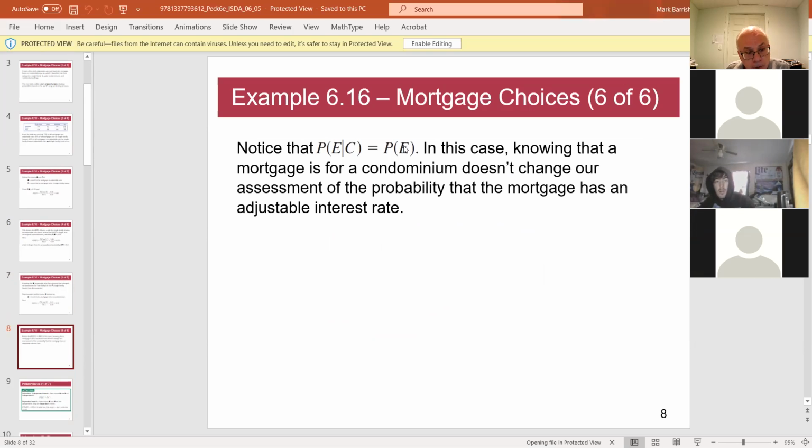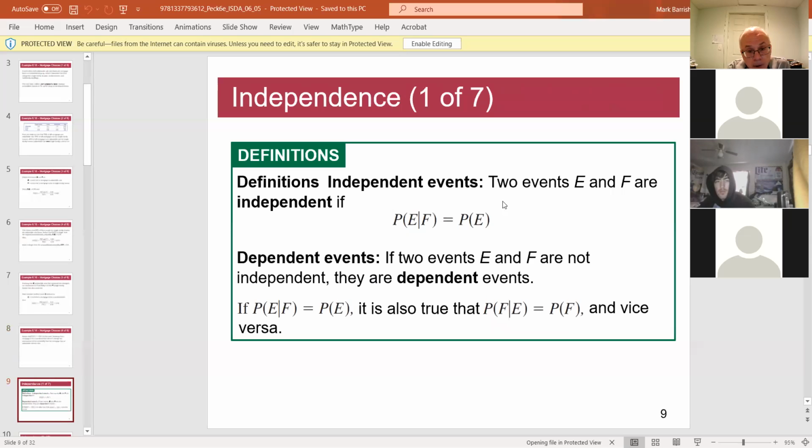This idea of independence is extremely important for statistics. This particular section here is teaching you what it means. That's all, what it means. Now, this is a definition. Two events, E and F, are independent if the probability of E given F is equal to the probability of E. Notice if we switch the conditional probability around, in other words, we say, what's the probability of F given that we know about E?